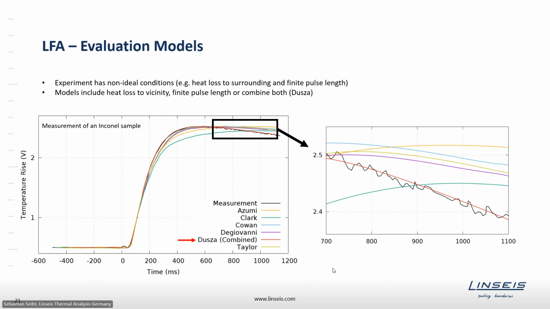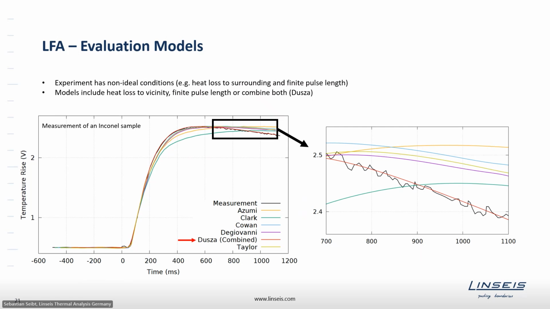The second effect, which causes non-ideal conditions, is the so-called finite pulse length effect, which happens especially for thin and highly conductive samples, so that the laser pulse time, which is typically in a low millisecond range, has an effect on the measurement. For example, if you're measuring a sample with a measurement time of 50 milliseconds, then of course you cannot just ignore the 2 millisecond time of the pulse. Most of the well-known models consider either the one effect or the other one.